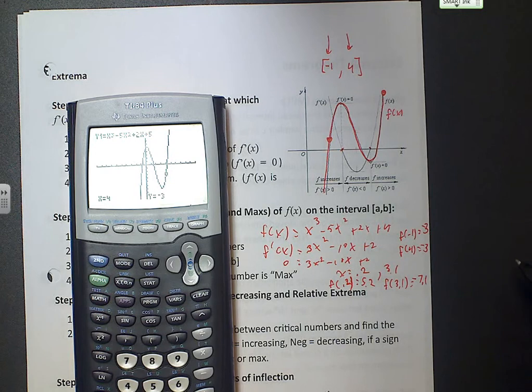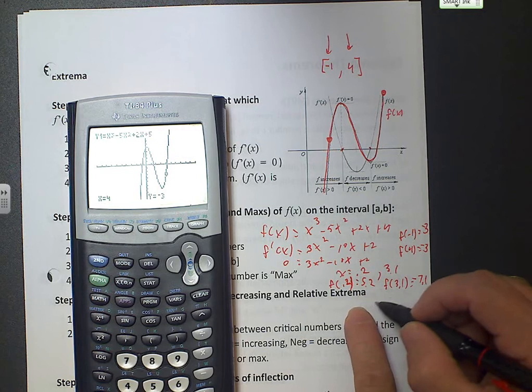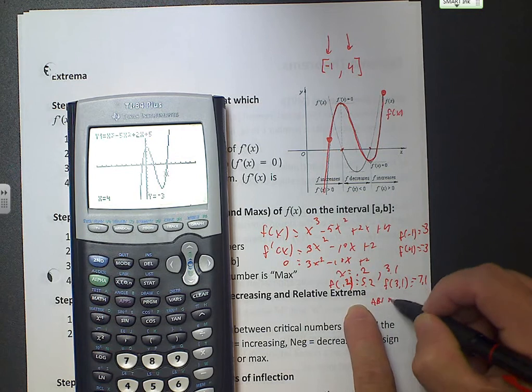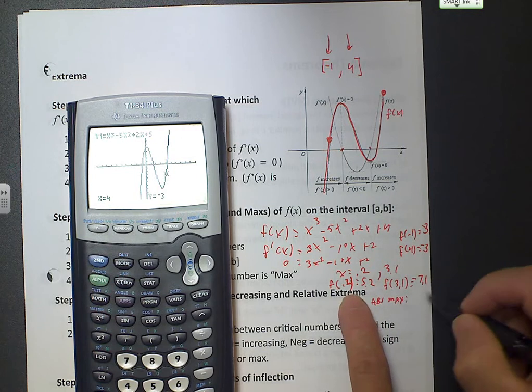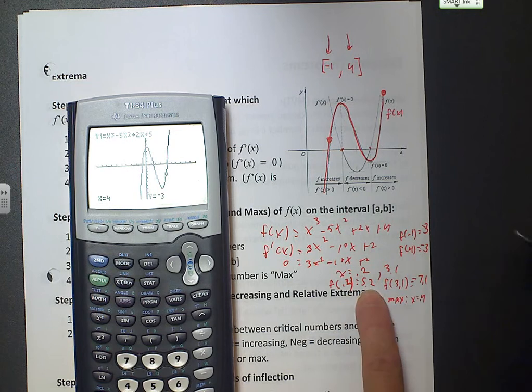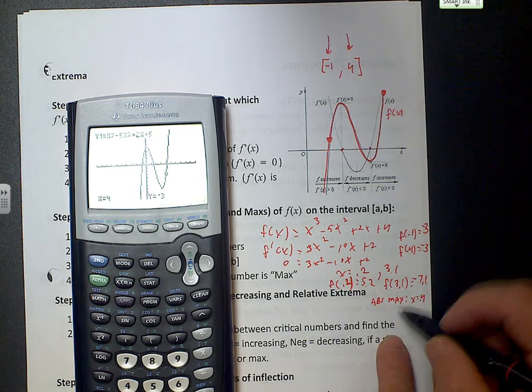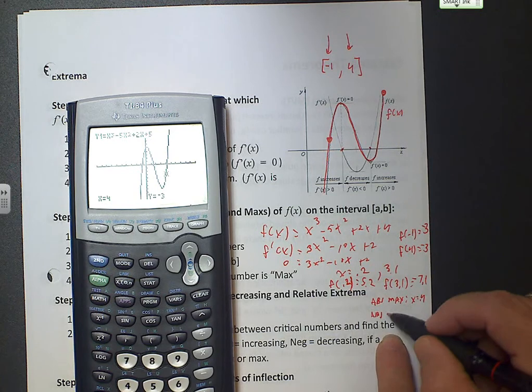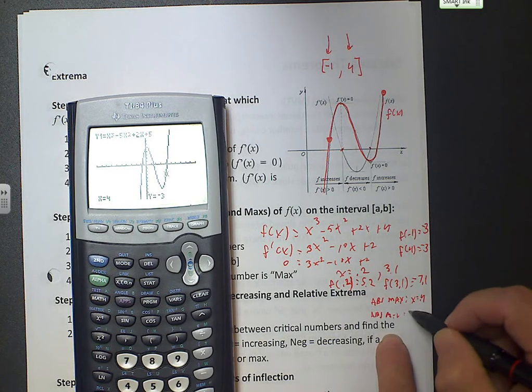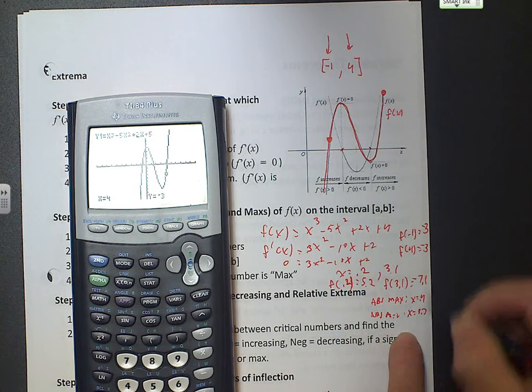So we can see that my absolute max is at what? X equal to 0.2, which was about a y value of 5.2, and our absolute min was at x equal to 3.1, which is a -7.